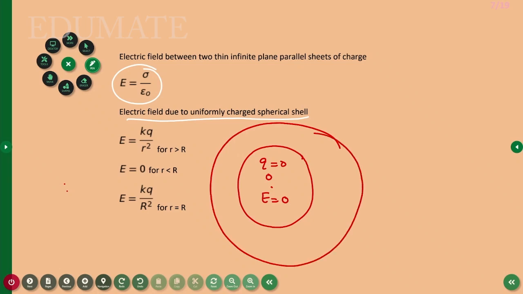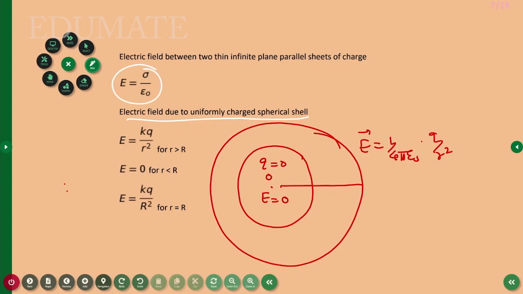In the first case, the electric field intensity is given by 1 by 4 pi epsilon naught into Q by r square. This is the field intensity at any point outside the conducting shell. Inside the shell there is no platform for the charges to reside, so Q is equal to 0 and the intensity is also equal to 0.